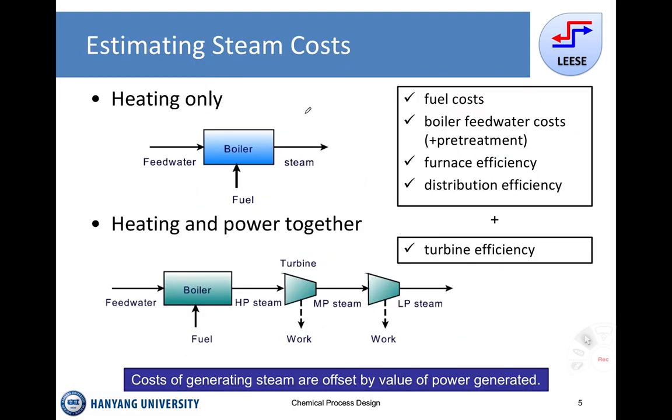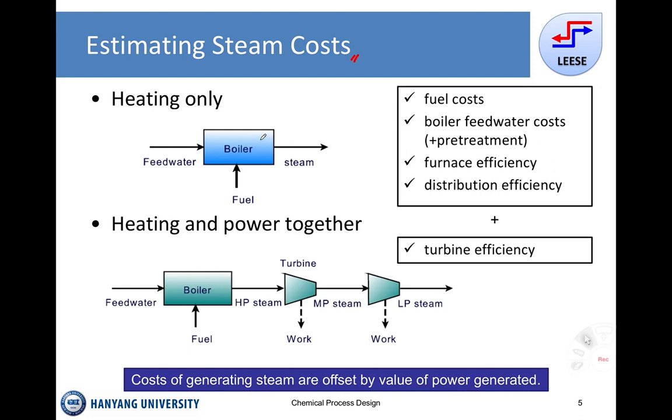So we want to estimate the steam cost. The reason to estimate steam cost is to determine the operation cost for the site. The major elements in the operation cost are first the raw material cost and second the energy cost. So we want to see the cost of the steam for determining the overall operation cost. So how do you estimate steam cost?